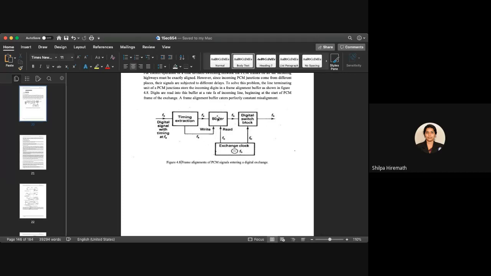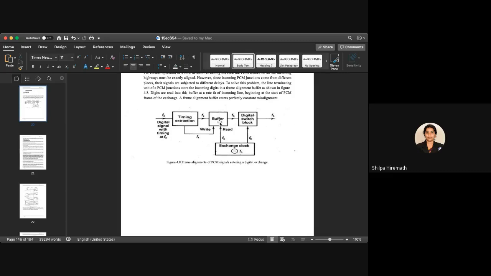What exactly we are doing here is using an exchange clock which is at a timing of FB. This is also given to the buffer. So this buffer will understand with respect to the exchange clock and with respect to the incoming signal that has entered the exchange.